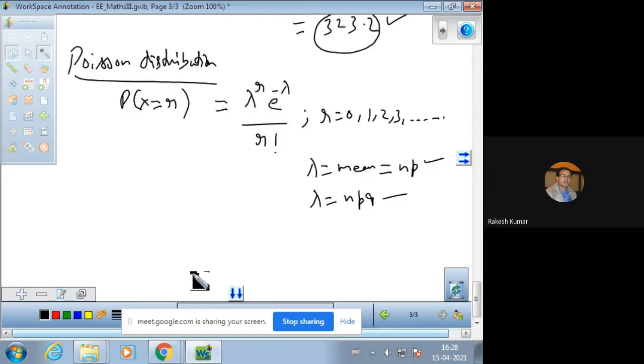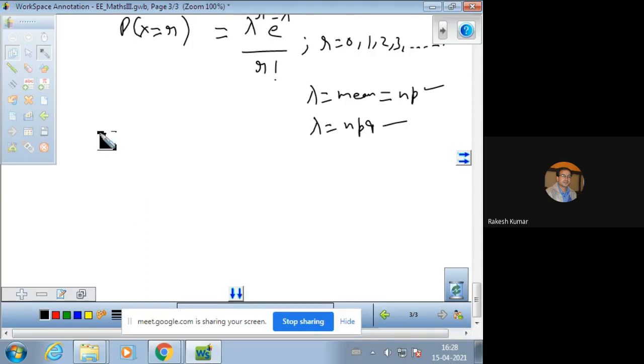And from Poisson distribution, we can also compute the reduction or recurrence formula. So the recurrence formula is actually the relationship between the rth term and the r plus first term.